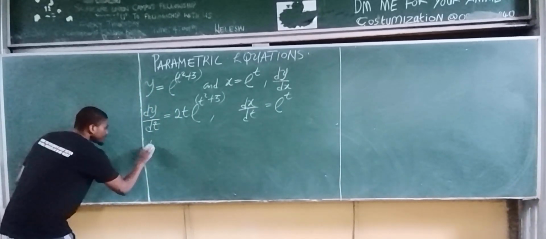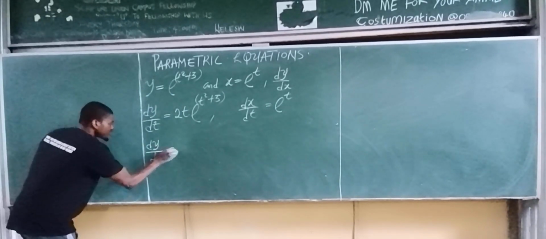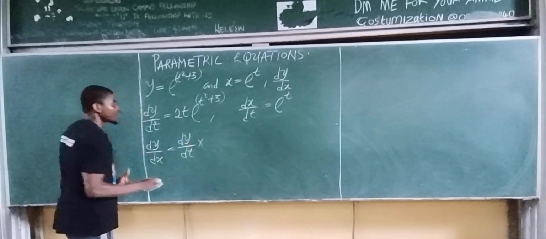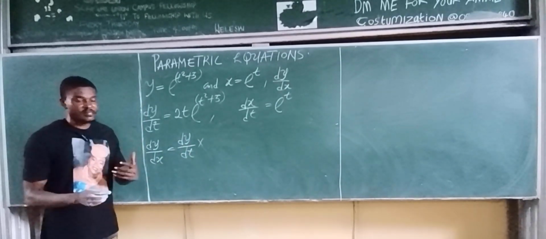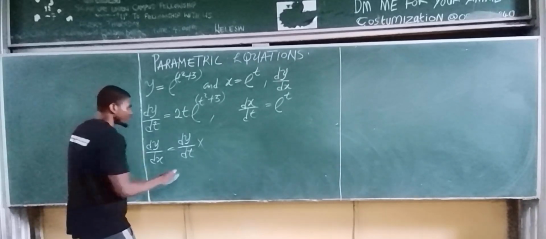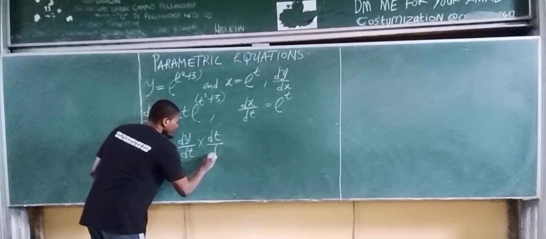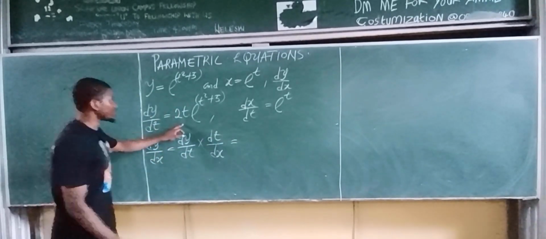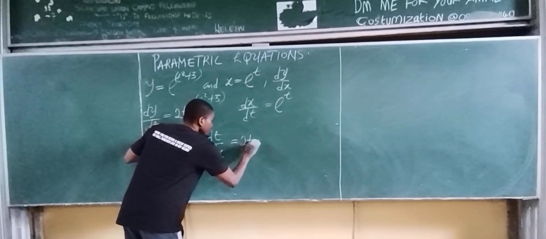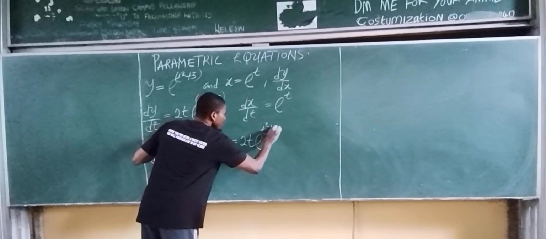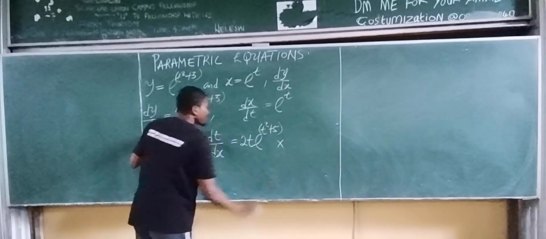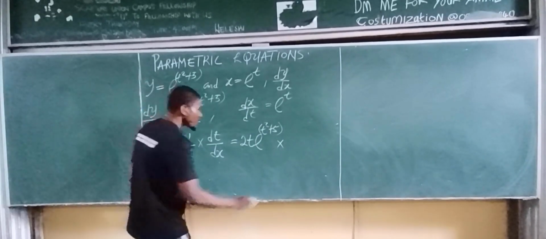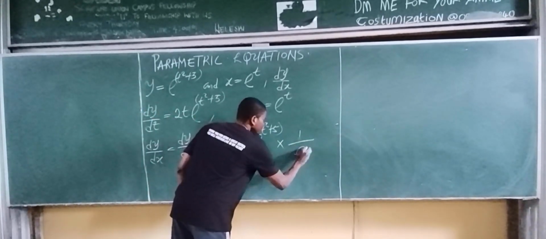Therefore, to find dy all over dx is simply equal to dy all over dt. Now you multiply by the inverse of dx/dt. And the inverse of dx/dt will simply give us dt all over dx. And this is now equal to, dy/dt gave us 2t exponential t squared plus 5, multiplied by, meanwhile dx/dt gave us exponential t, therefore the inverse simply becomes 1 all over exponential t.